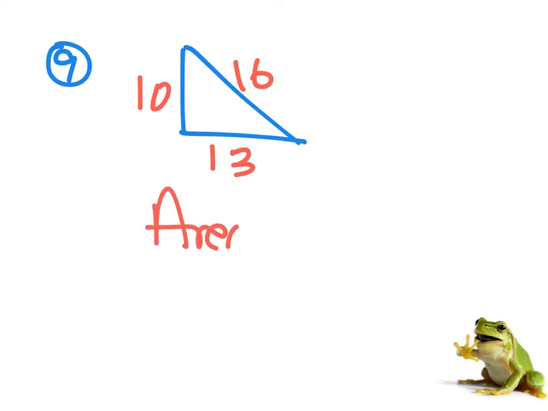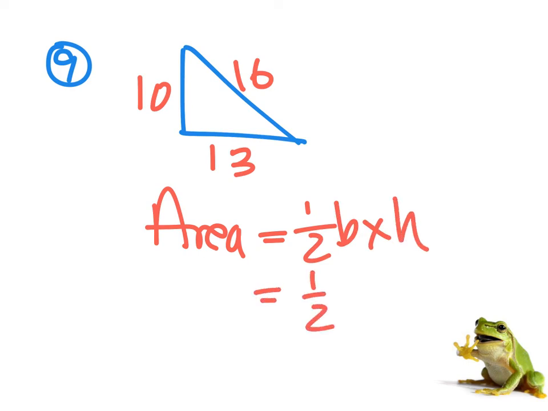How do you work out the area of a triangle? Half base times height. So that's a half of, in my example, 13 times 10. Okay, you can work that out. But remember, these numbers that I've put here, the 10, the 13 and the 16, I just made them up. You'll get your answers from the previous question.